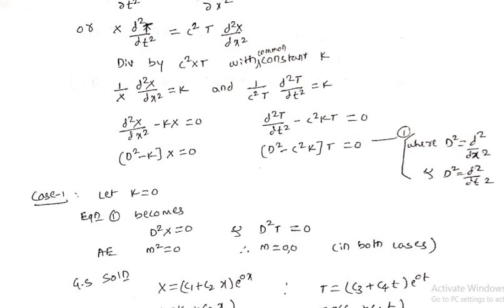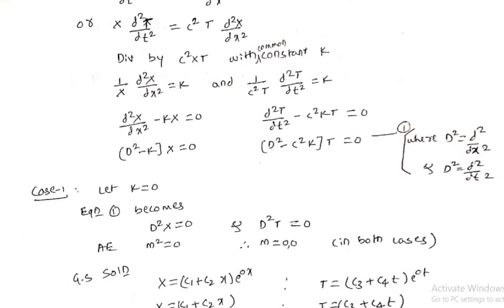Similarly in the second case, its auxiliary equation is m squared, and m squared means again 0 and 0, after dividing by t on both sides, so t will be cancelled out. So there are two roots, 0 and 0, so both the roots are the same here.